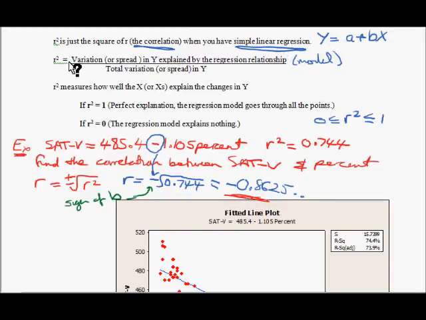The second definition of r squared says that it is the variation or spread in y explained by the regression relationship, by the model, divided by the total variation or spread in y.